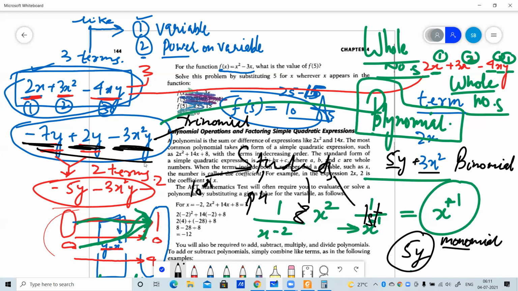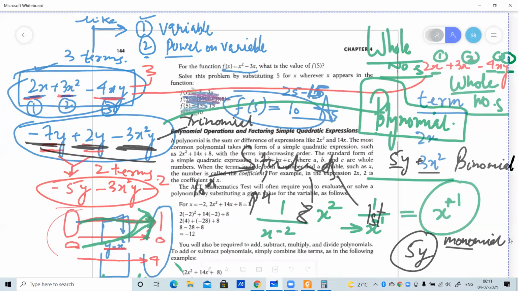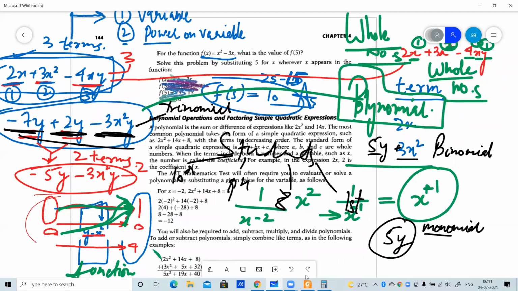Right? They're all polynomials. So we can also solve polynomials as we solve the functions. We can do the same thing to the polynomials. For example, you're having a question here for solving the polynomial.